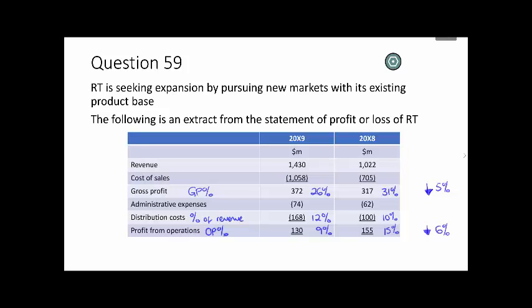Now, we would expect that if you're selling to customers in reasonably similar locations, that for each sale you make, the carriage costs are roughly the same, the distribution costs. So the fact that there is an increase in those would suggest that actually we have widened our field in terms of who we're selling to.